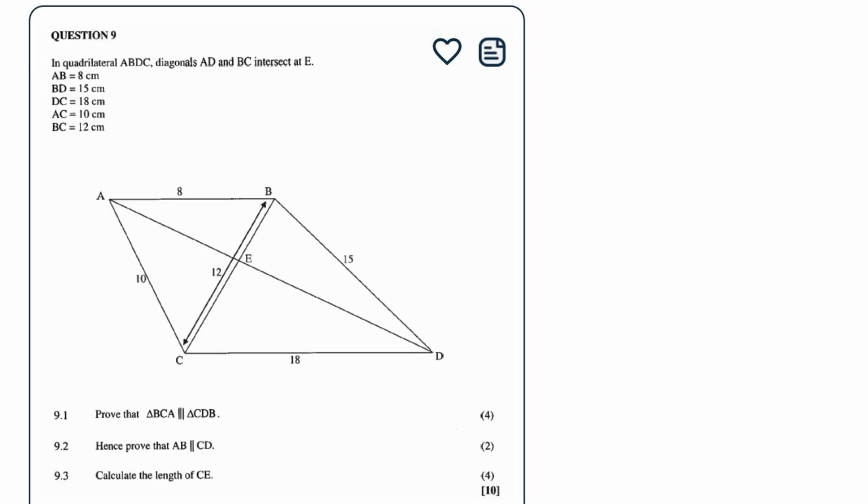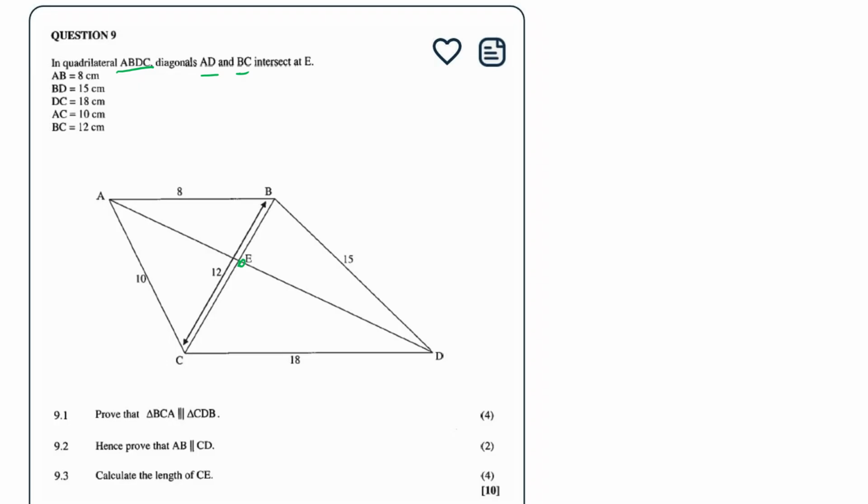Question 9, in quadrilateral ABCD, diagonals AD and BC intersect at E. We are given AB is 8, DB is 15, DC is 18 centimeters, AC is 10, and BC is 12.